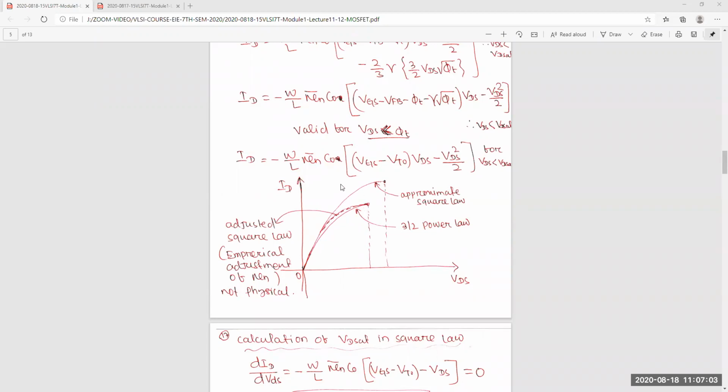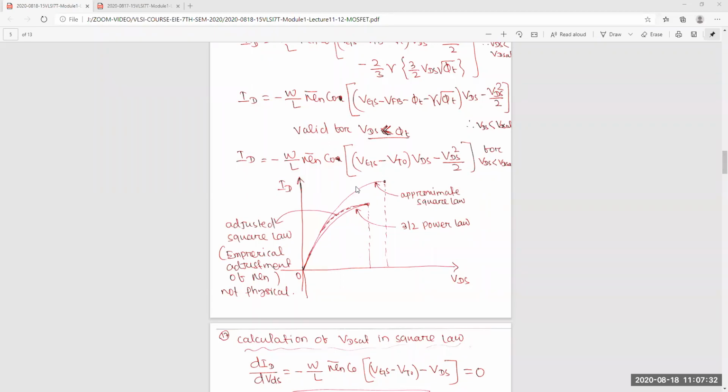Whatever model you are using, it is adjusted already. We don't need to know all these things, because we need the ID-VD characteristics. That mu n is always there, that 444 and another 150 something.